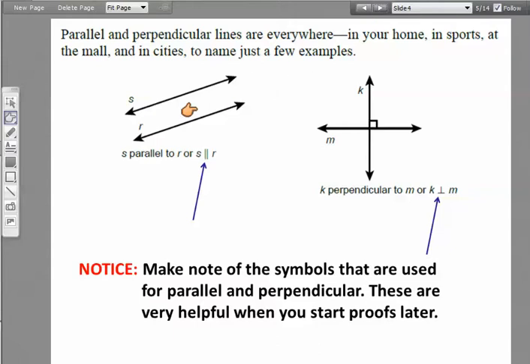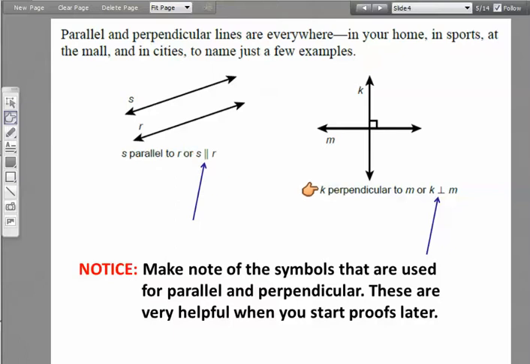You'll see parallel and perpendicular lines everywhere in your home, in sports, at the mall, etc. What I want you to get out of this is to see that S is parallel to R, this is how we write it. It almost looks like the number 11, but the vertical lines are a little bit closer and taller.